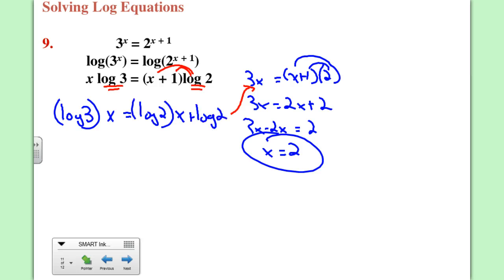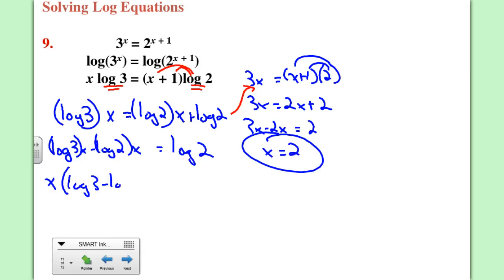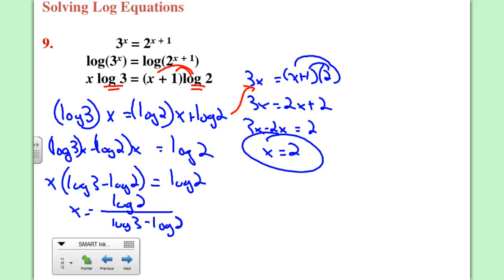So I collect my x's together, which means I'm going to have log 3 x's minus log 2 x's. Now I have to put brackets. Equals log 2. And so when you factor the x out, you get log 3 minus log 2 equals log 2. So x equals log 2 divided by log 3 minus log 2.